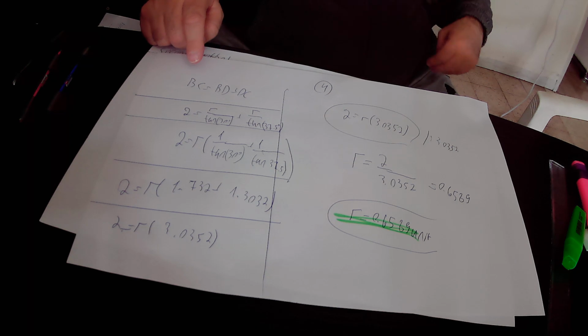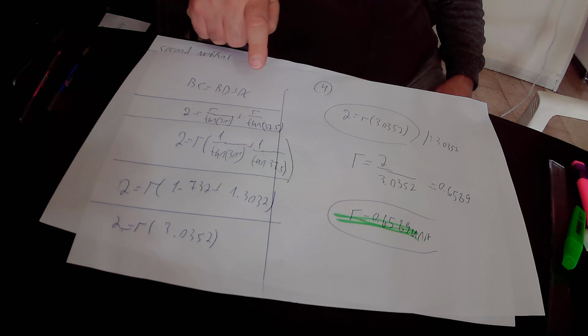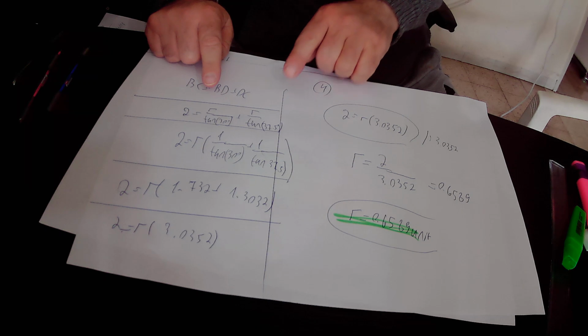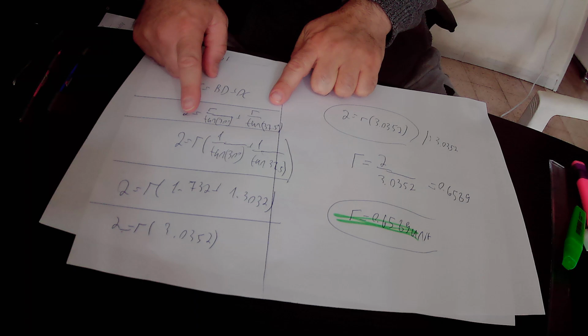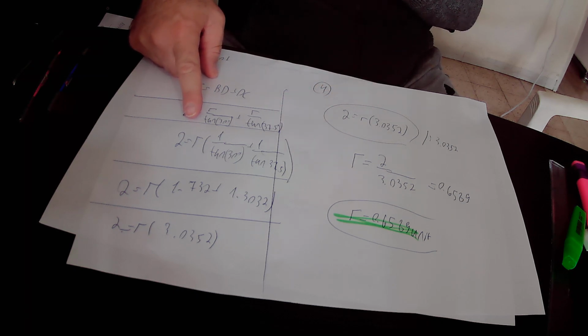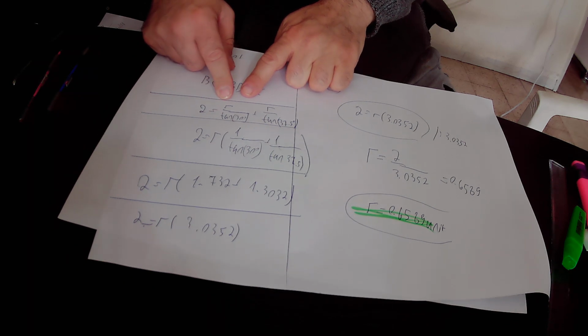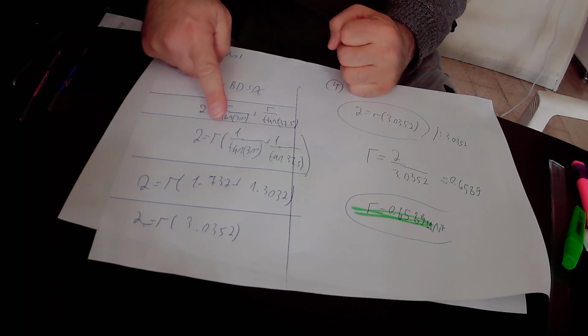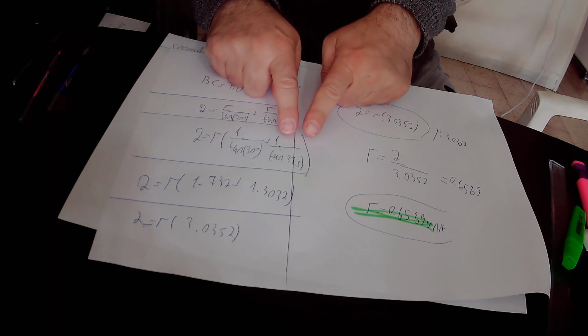So in total, we found that 2 equals R over times 30 degrees plus R over times 37.5 degrees. Here we took R as a common factor out of those two expressions and found that 2 equals R times, what is left from the first expression is 1 over times 30 degrees, and what is left from the second expression is 1 over times 37.5 degrees.